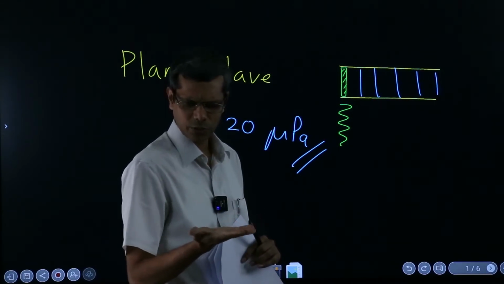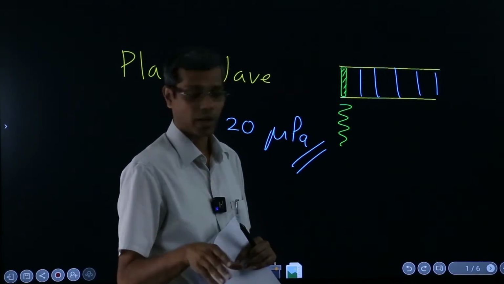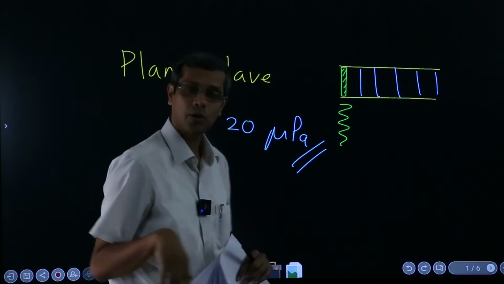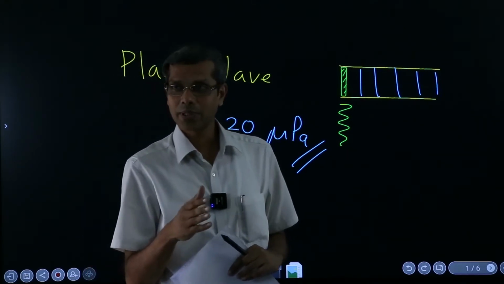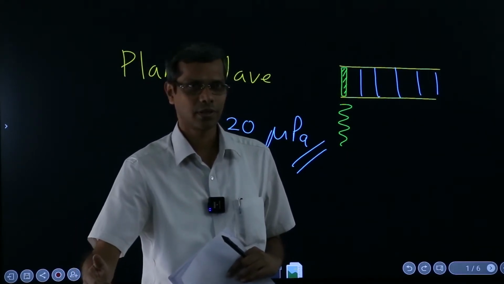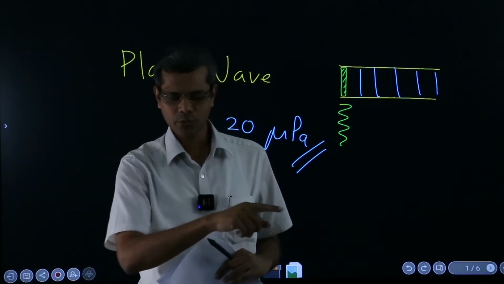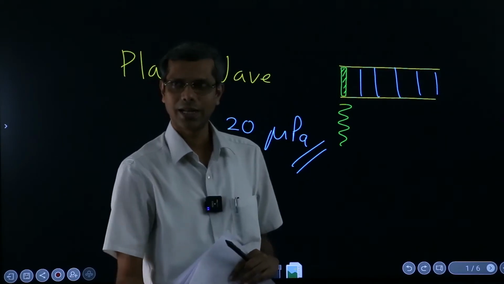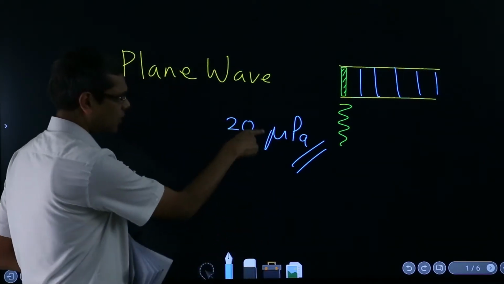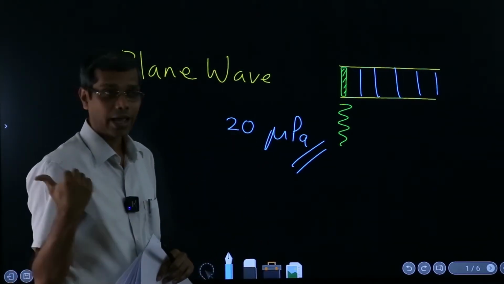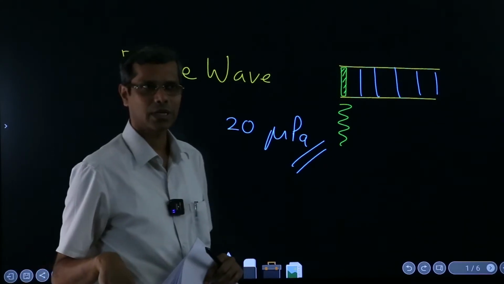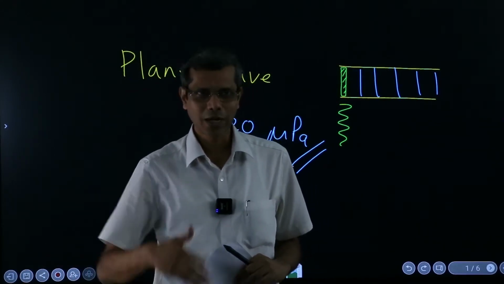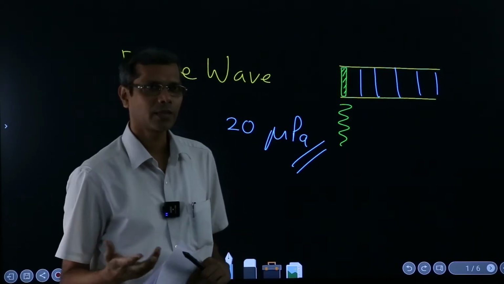So the pressure which you feel, that is like 1 Pascal, and we are talking about cutting that apple into 1 lakh pieces, and taking 1 piece and putting that on that 1 meter square area. The pressure you now feel is the pressure we are talking about, this 20 micropascal. And what about the atmospheric pressure? 1 lakh apples actually.